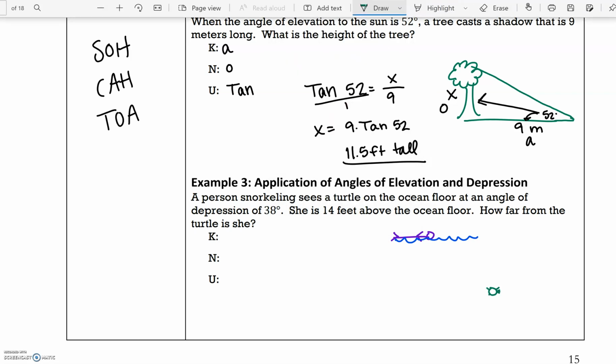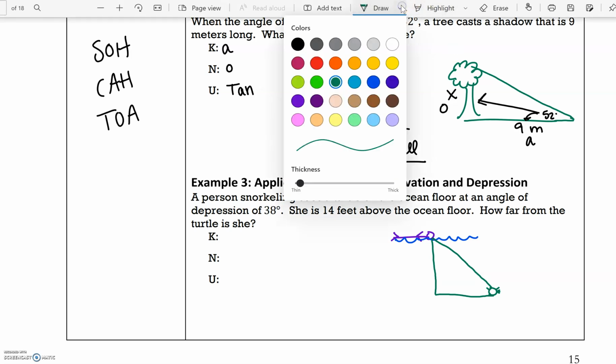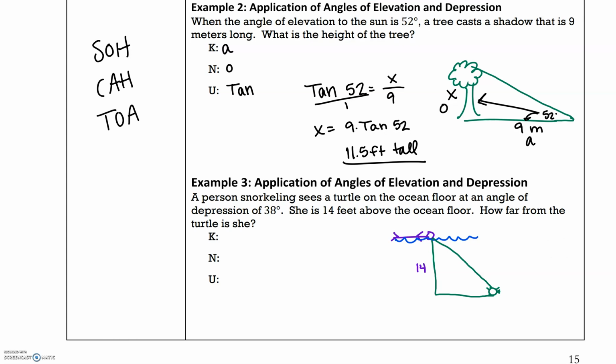And there's my little turtle. So pretend that is straight. So there's our kind of right triangle. So let's label our parts here. She is 14 feet above the ocean floor. So from her straight down, that's 14 feet.